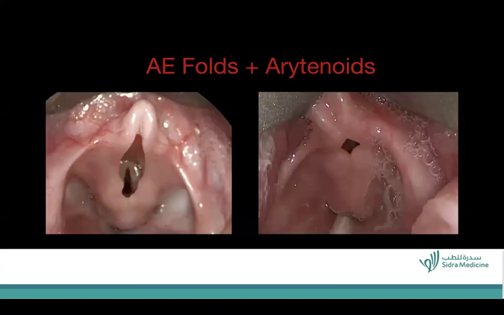And when you think about the surgery, the level that you commonly target is the aryepiglottic folds, as I mentioned. You have the arytenoids, the epiglottis, and these aryepiglottic folds that are pushing the larynx almost closed. And you have these arytenoid cartilages right here that are prolapsed.